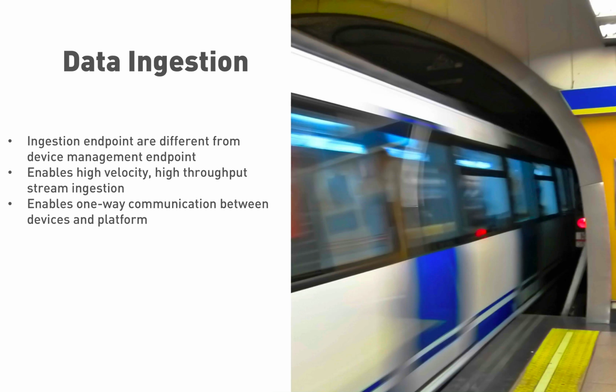If you are familiar with technologies like Apache Kafka, that is one of the popular open source data ingestion engines. It can ingest millions of data points in a few seconds. It enables one-way communication between devices and platform, and we only connect those devices that are generating data and that needs to be acquired in real time. So those devices typically get connected to the IoT platform via the data ingestion layer.